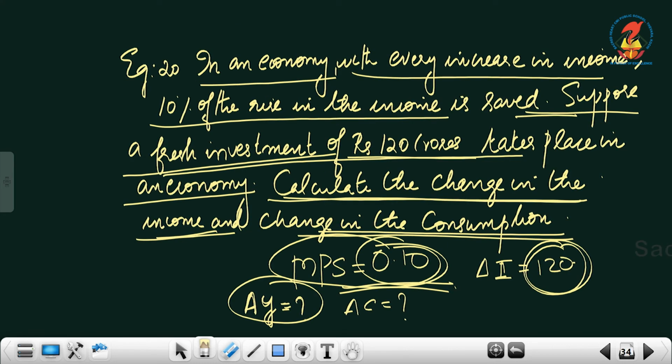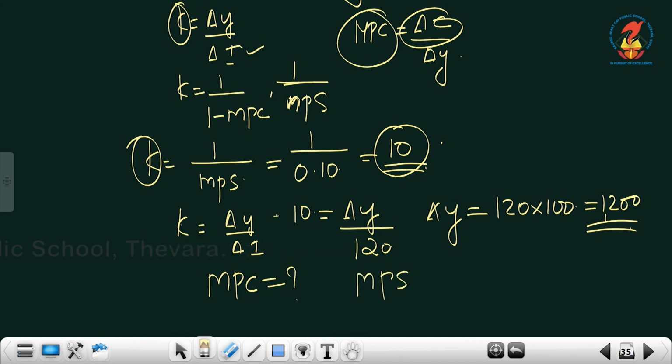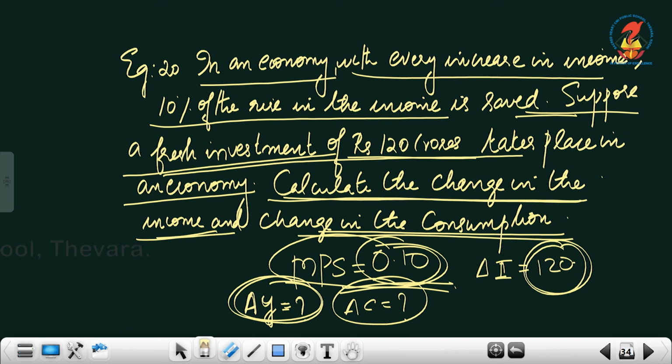Now, what is the next value you have to find? Delta Y is done. Next, we have to find delta C. From which formula can you find delta C? MPC is equal to delta C by delta Y. For that, you have to find the value of MPC. You know the value of MPS in your data is 0.10.